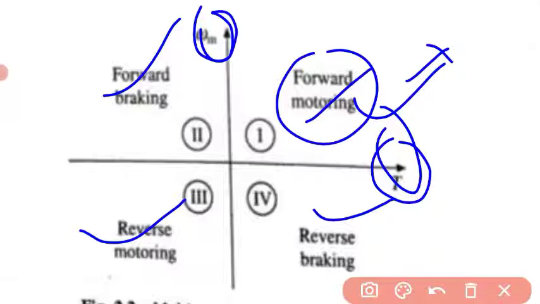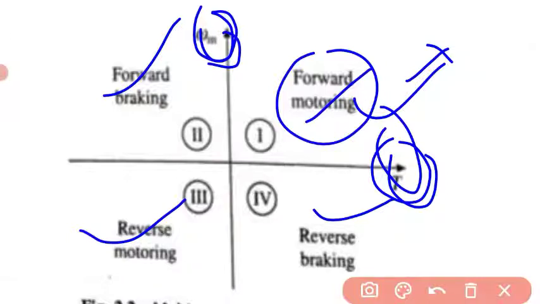I repeat, in quadrant 1 the power is positive because both torque and speed are positive, hence the machine works as a motor supplying mechanical energy. Operation in quadrant 1 is therefore called forward motoring.